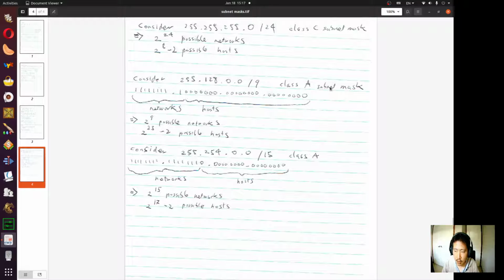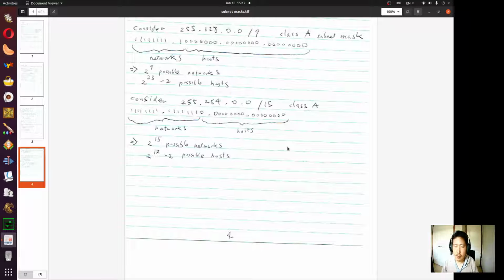This is a class A subnet mask because the first one is the maximum value, 255, but the second one is less than 255. So this is a class A. So how many bits are turned on? 9, right? 2 to the power of 9 possible networks. How many bits are turned off? 23. So 2 to the power of 23 minus 2 possible hosts.